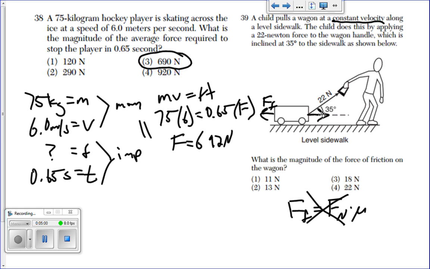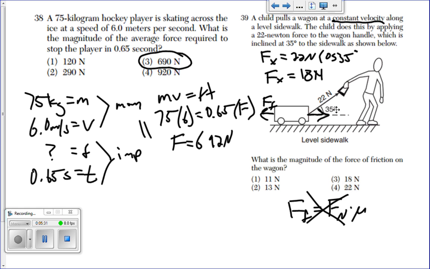The part going to the right is only the horizontal component of the 22 newtons. We want the x component, and x uses the cosine, so we do 22 newtons times the cosine of 35 degrees, and if you run that through your calculator, you'll get a force of about 18 newtons.